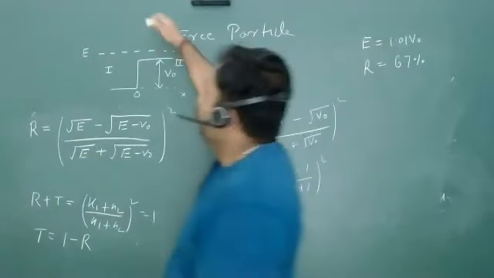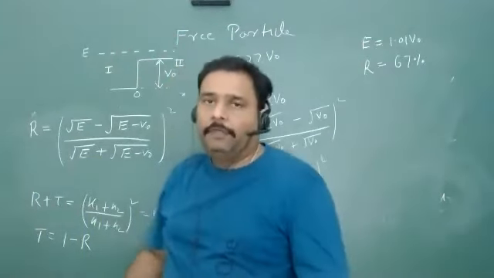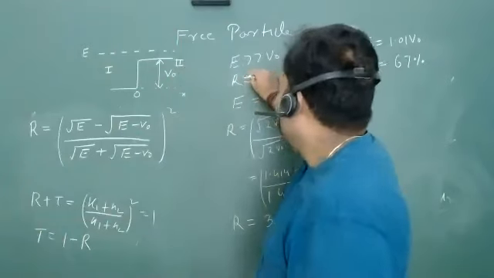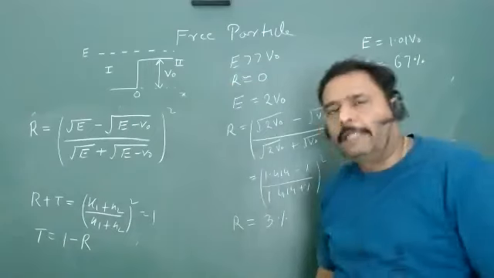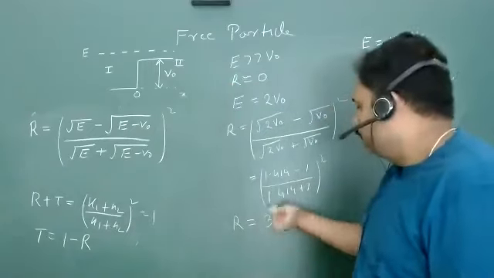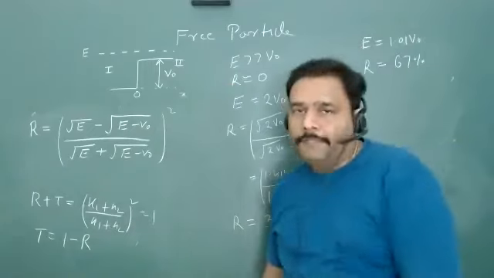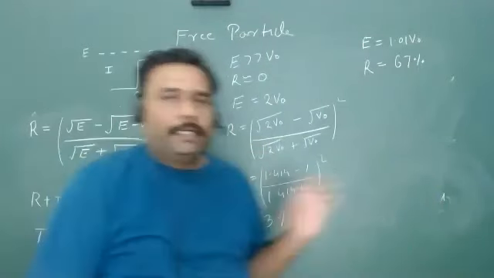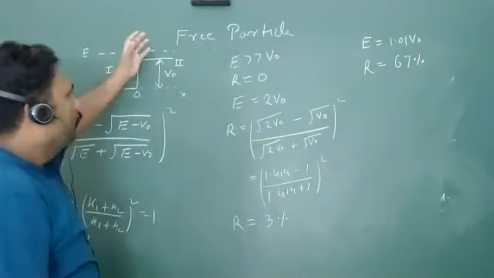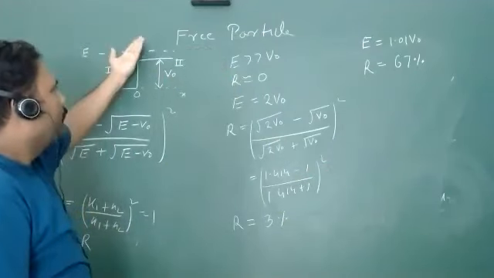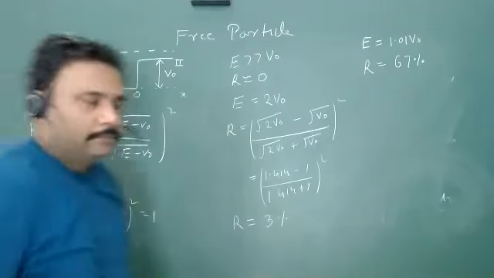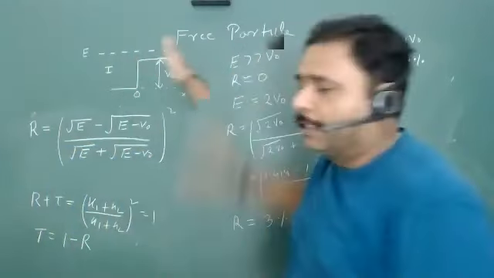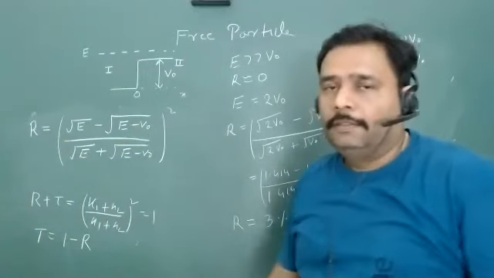If E is very, very much greater than V naught, suppose it is 100 times V naught, then the reflection coefficient is not exactly 0, but near about 0. You can neglect that. But here you have 3%. What is the meaning of 3%? If you are sending 100 particles from the left, out of these 100, 3 particles can come back and 97 can transmit.